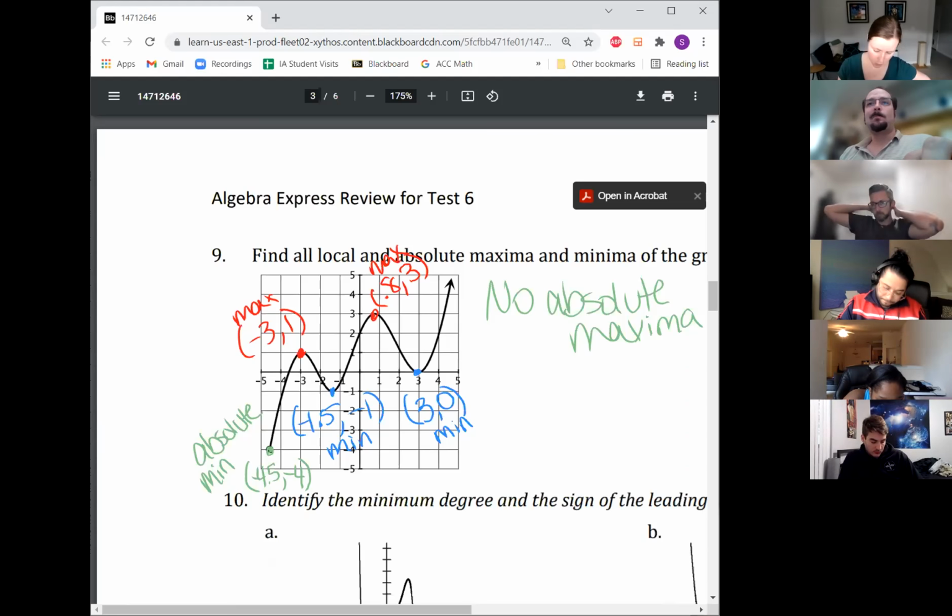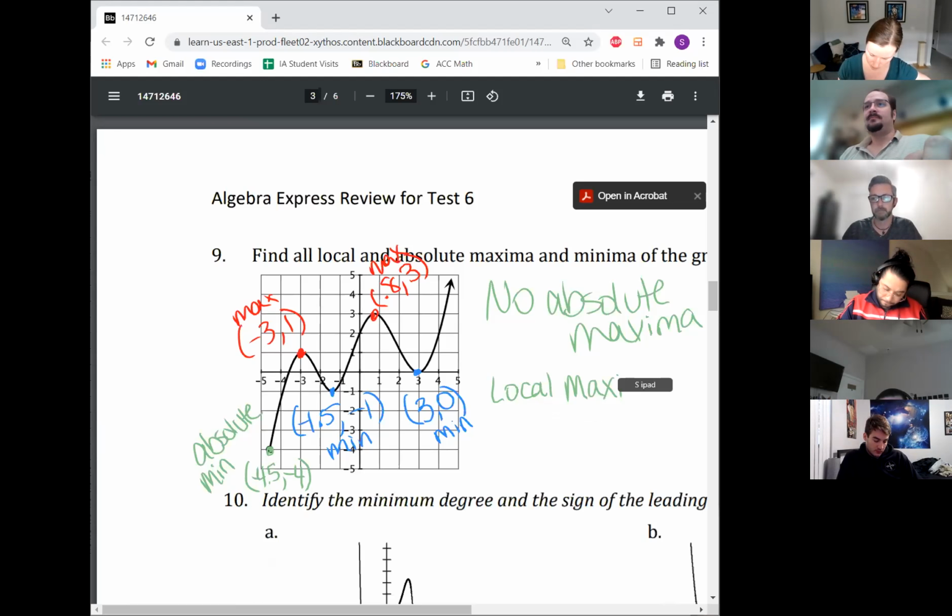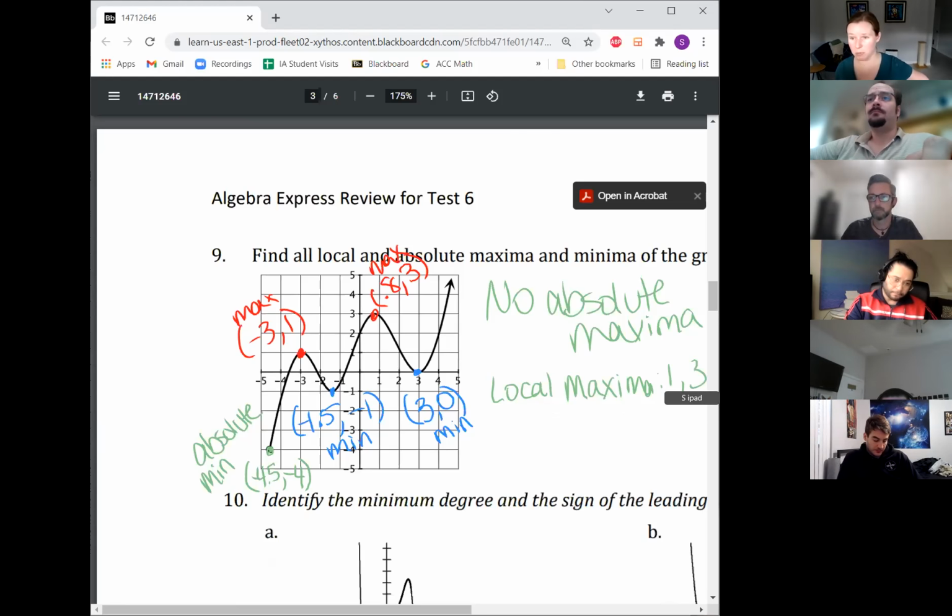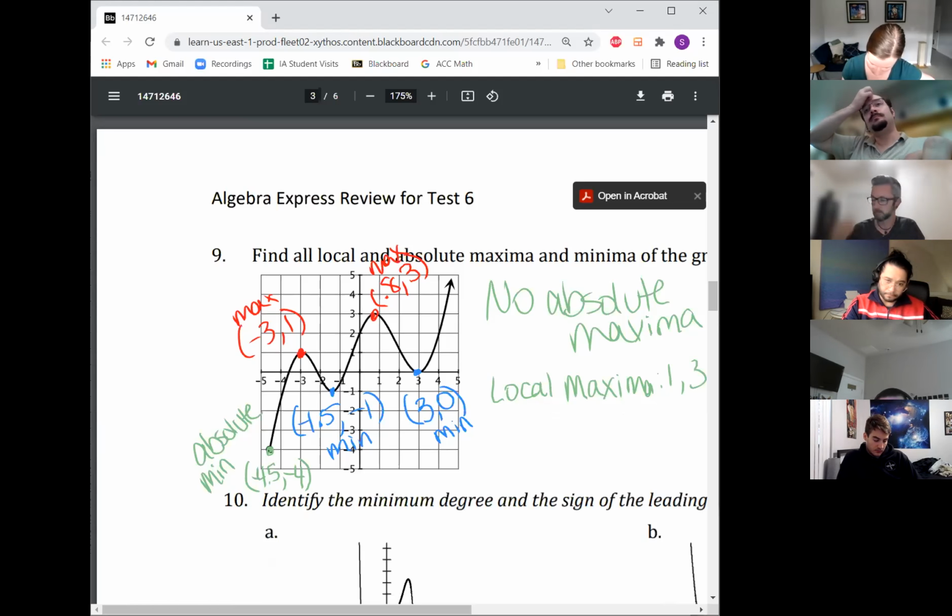Okay, but points are also good, right? That's how I usually have them do it. Okay. Yeah, that's fine if you're teaching it that way. So like, if you wanted to write it as local maxima like this, you could say 1,3, I guess. Don't put it as a point though. Don't put parentheses around those. Yeah, I lost points.